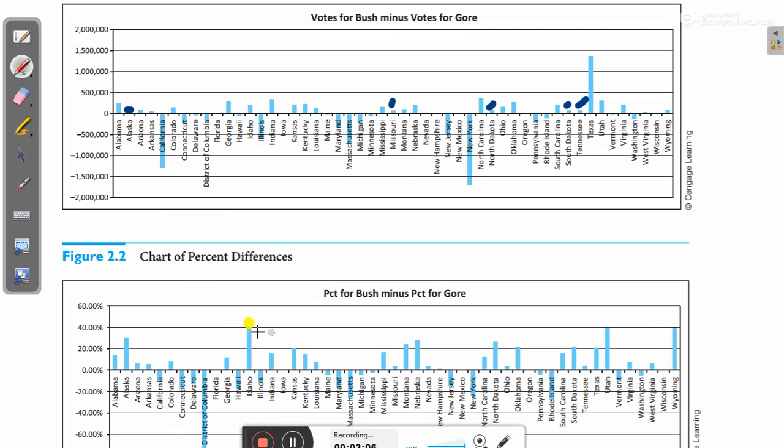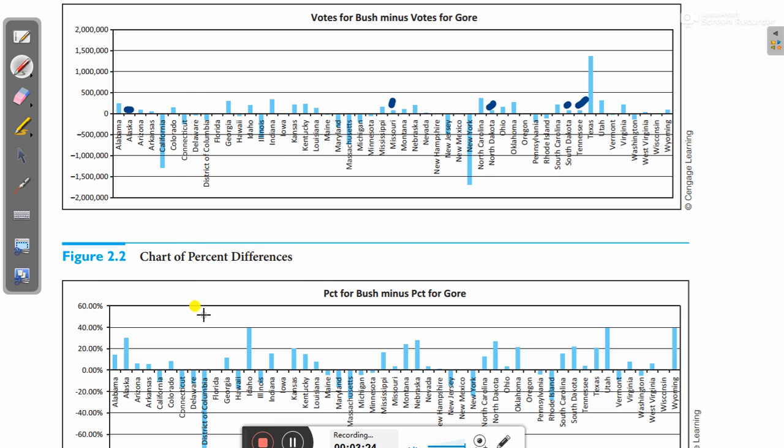So again, this is a chart for percentage. The earlier one was only votes. This is the percentage of Bush minus the percentage of Gore, the difference of the percentage, and the other is the difference of the votes.